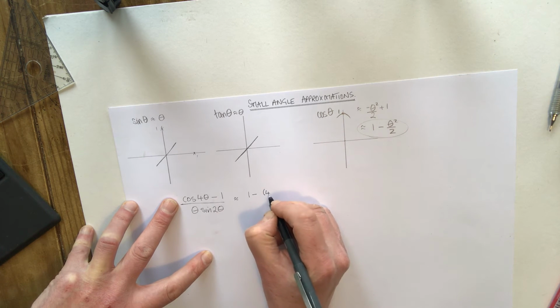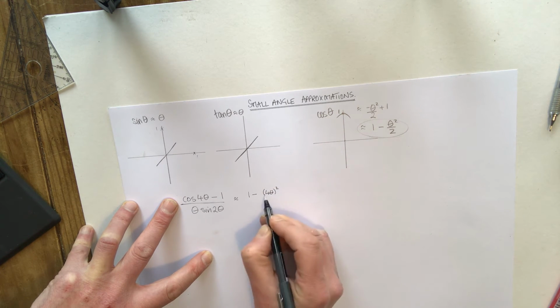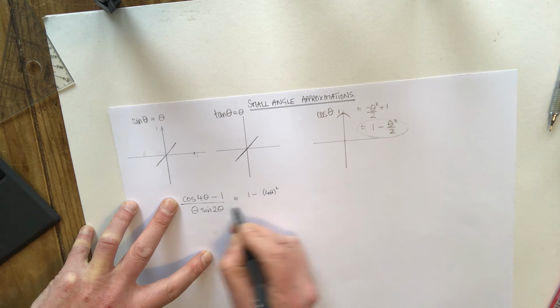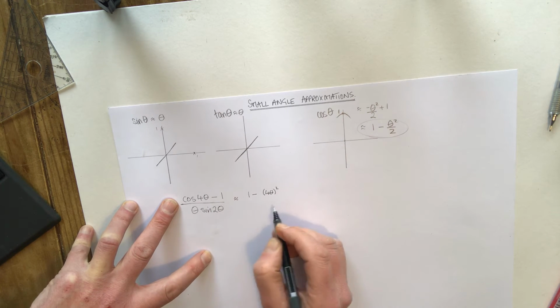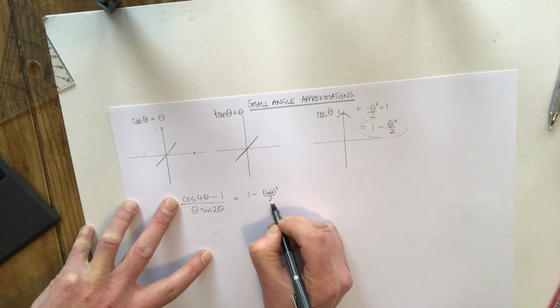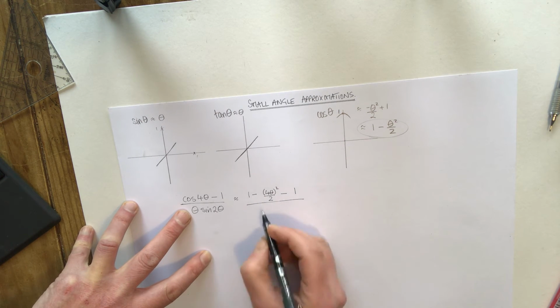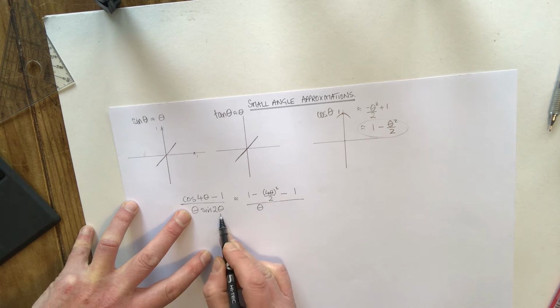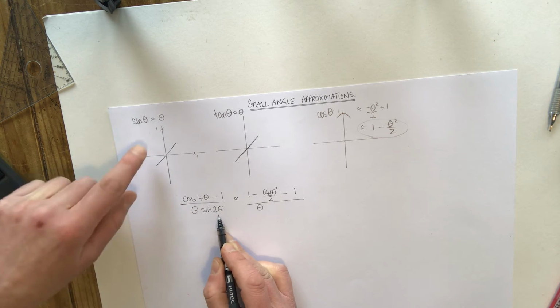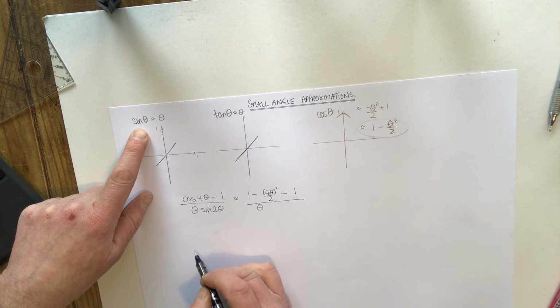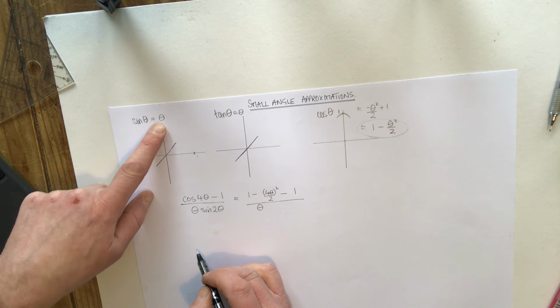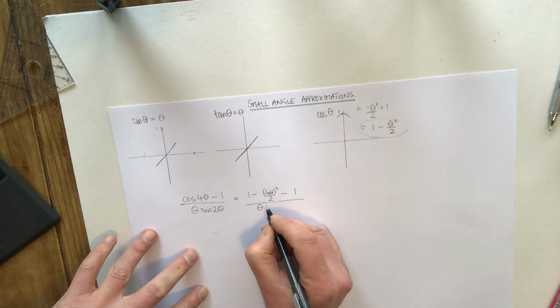So it's going to be 4 theta squared. Make sure you deal with the whole of this angle. Over 2. Take away 1 over theta times sine 2 theta. Well, sine 2 theta, when theta is small, approximates to 2 theta.